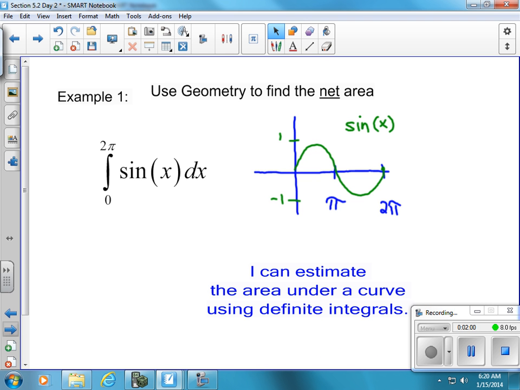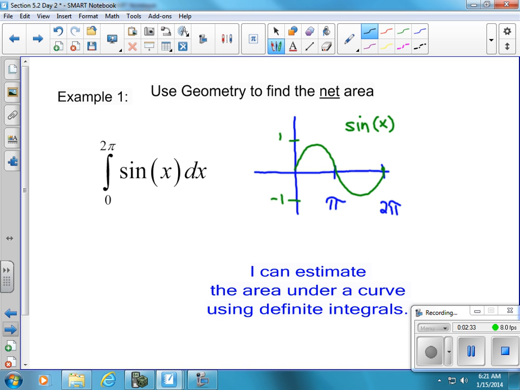All right, so we're going to use the geometry to find the net area. Oh, I don't know if we can do that. But anyway, we're going to go from 0 to pi and pi to 2 pi to calculate the areas. Now, actually what we're going to use is common sense, not necessarily geometry, but a little bit. This curve, a sine curve, is the same above the line up here as it is below the line over here, right?